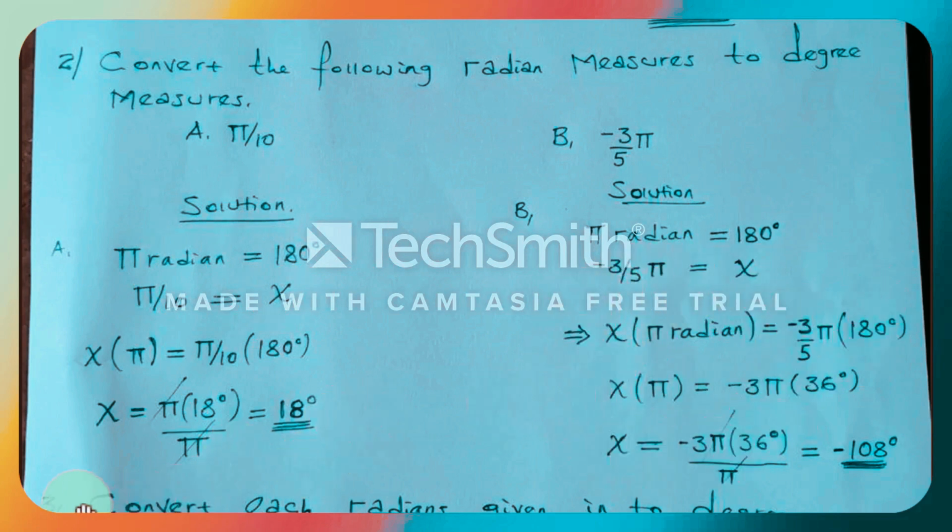ሞክሩ። Question number 3 says, convert each radian given into degree.